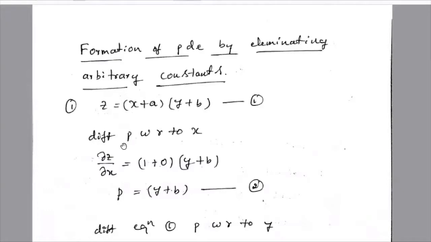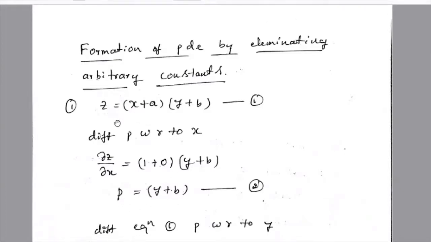So differentiate z partially with respect to x. When we differentiate partially with respect to x, we will treat y as constant. b is already a constant, so this term will be constant. We'll write it as it is, and we'll differentiate x. The x derivative is 1 and the derivative of a will be 0. So therefore p is equal to y plus b.